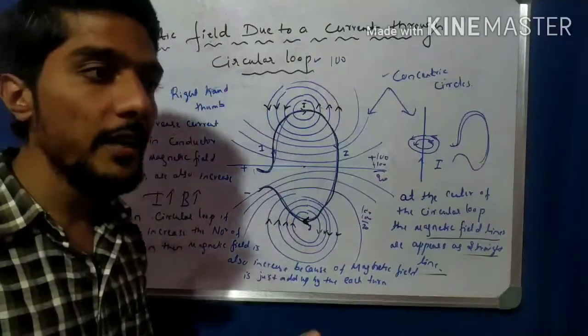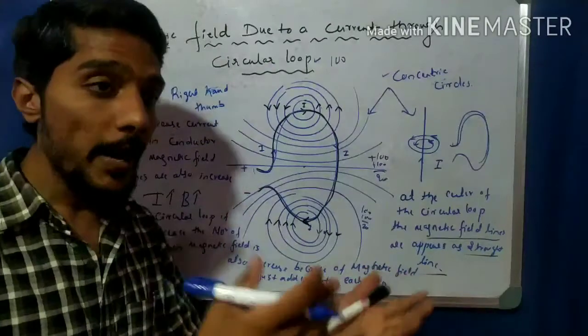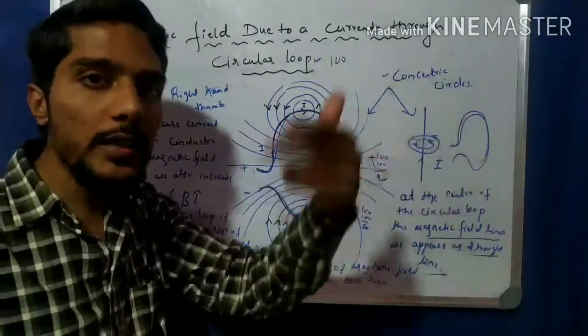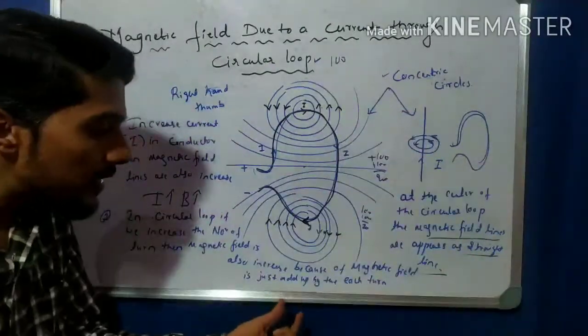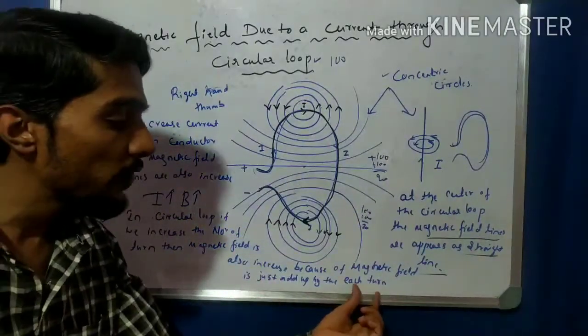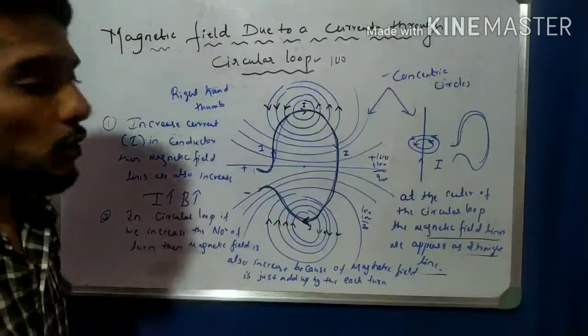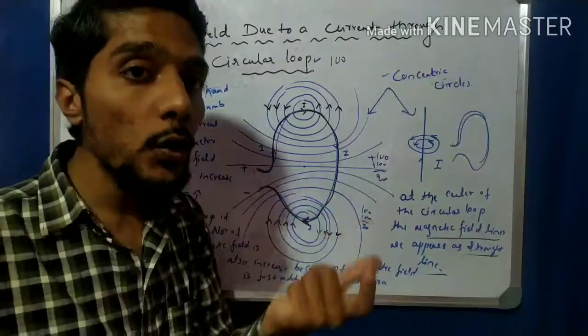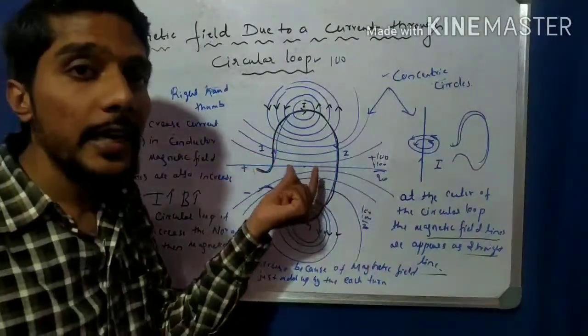If one turn can make 100 magnetic field, then 2 turns can make 200, 300, like that. So whenever you increase the number of turns, the magnetic field increases. This is the second case: how you increase a magnetic field in a circular loop.